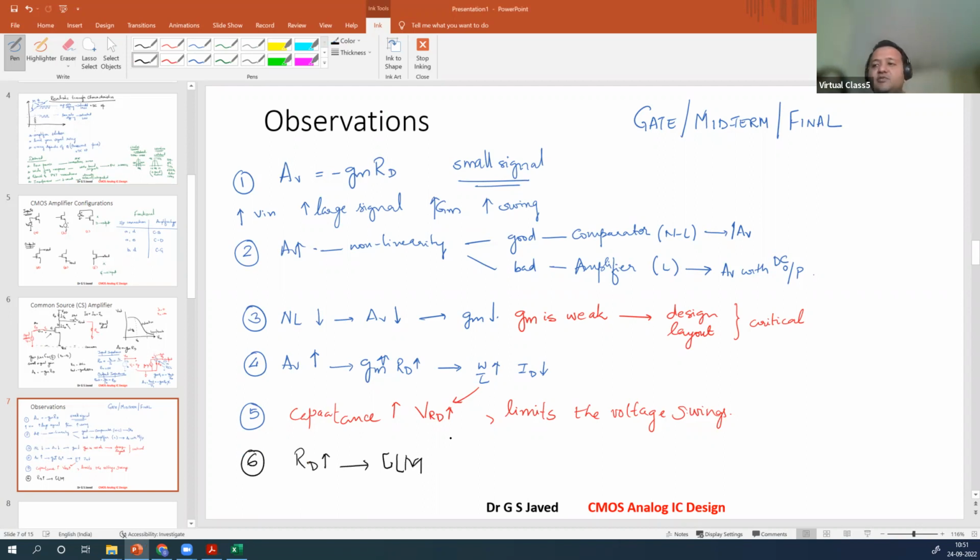Because of this modulation, the output voltage will reduce by a factor of 1 plus lambda VDS. And this factor will be critical. Eventually, it will reduce the gain.